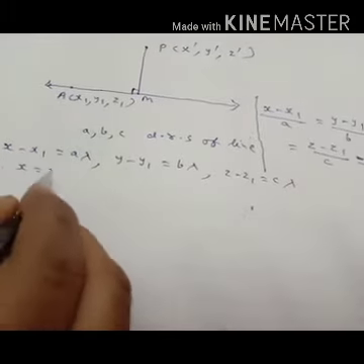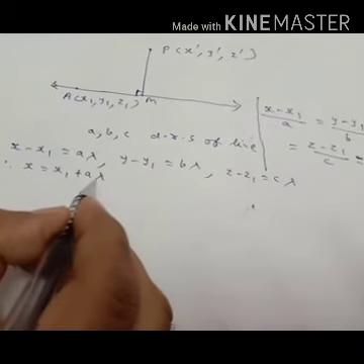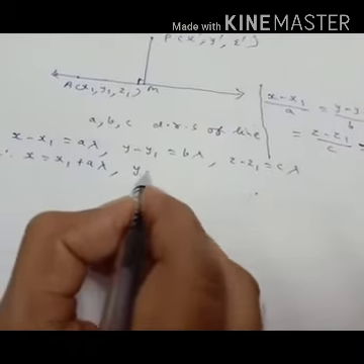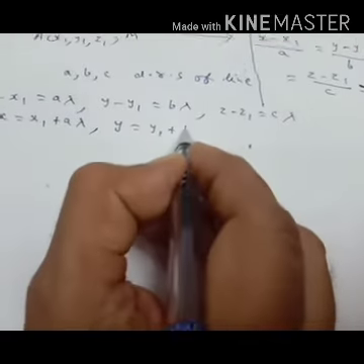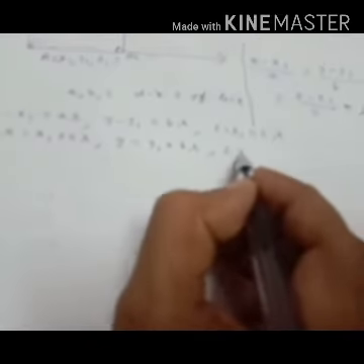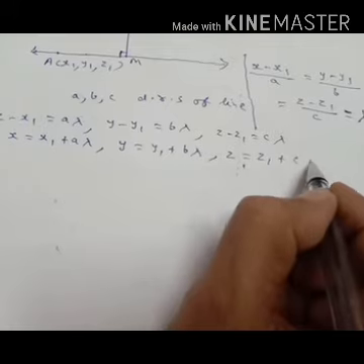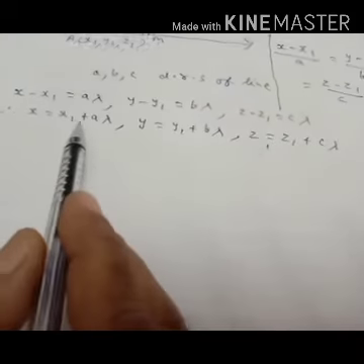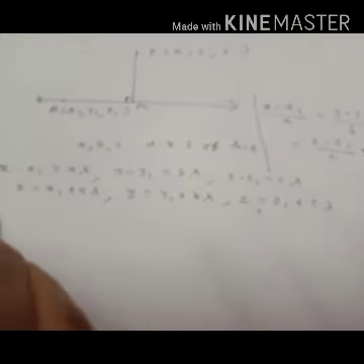Then x equals x1 plus a lambda, y equals y1 plus b lambda, z equals z1 plus c lambda. These are the coordinates of any point on the line, so they are the coordinates of point M also.